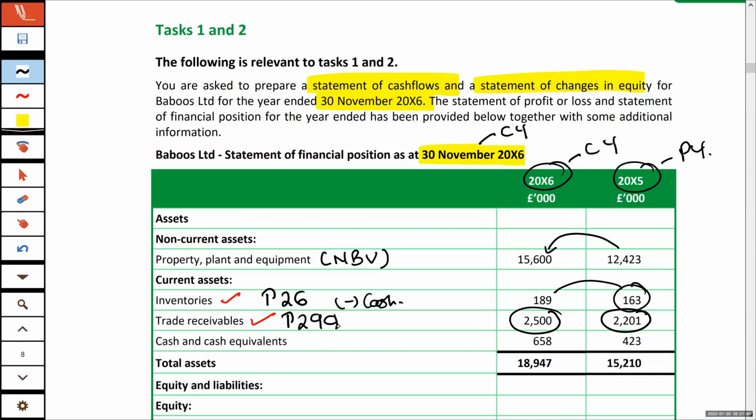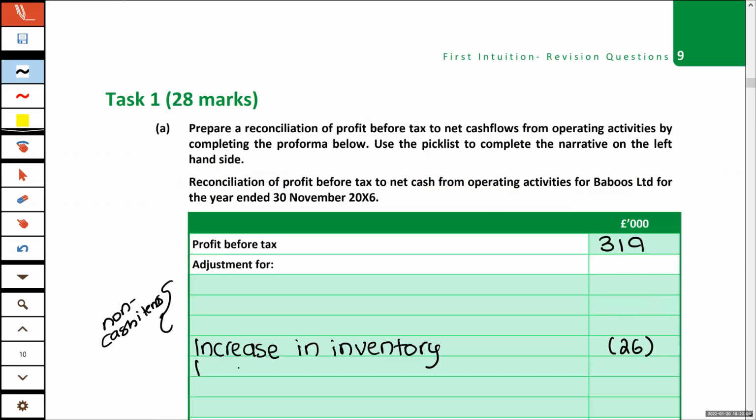An increase in receivables, is that a good thing or a bad thing? It's bad, isn't it? Yes, it's bad because that means you've not collected money from people. You do not have that cash with you. Less cash. Therefore, that again would be a bad thing. And since it's bad, I'll put increase in receivables as a negative as well.